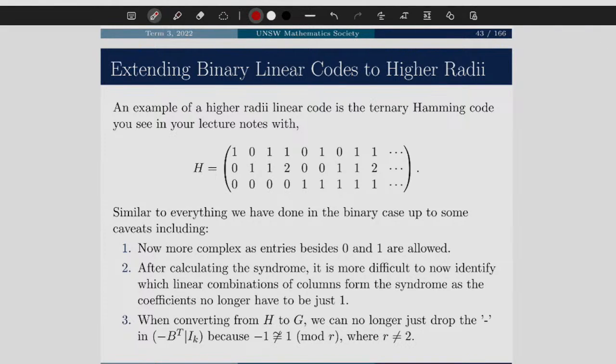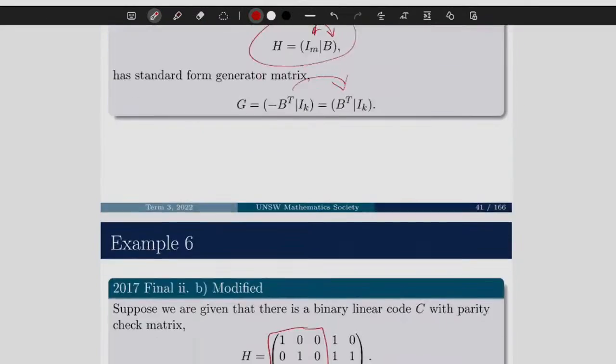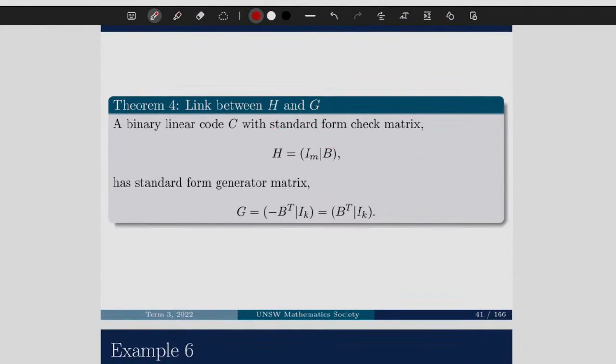First of all, naturally our matrices and our matrix computations become a little bit more complex because we have entries other than just 0 and 1, right? And on top of that, this conversion that we defined here is no longer actually valid.